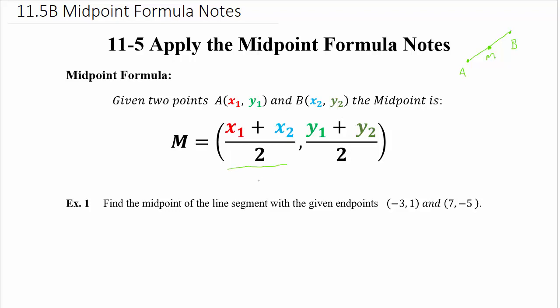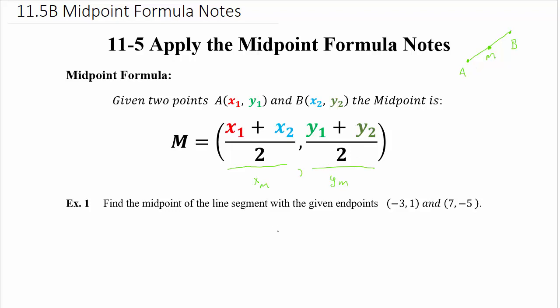You end up with an x coordinate, we'll call it x sub m, comma, a y coordinate, we'll call it y sub m. To get that x sub m, or midpoint for x, we add up the x's and we divide by 2. If you think about that closely, what we're really doing is finding the average of the x's and the average of the y's, hence the middle.